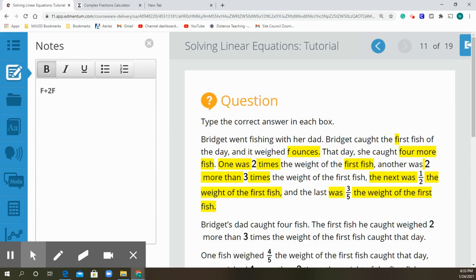And then she caught another one that was 2 more than 3 times the weight of the first fish. Whew.